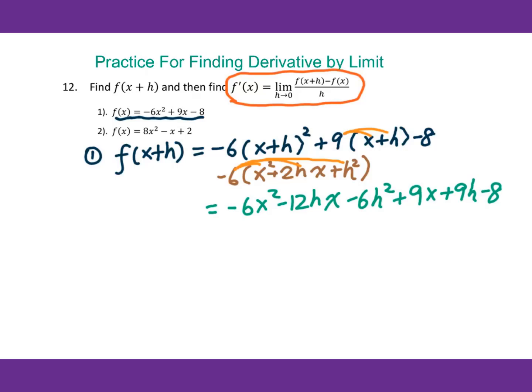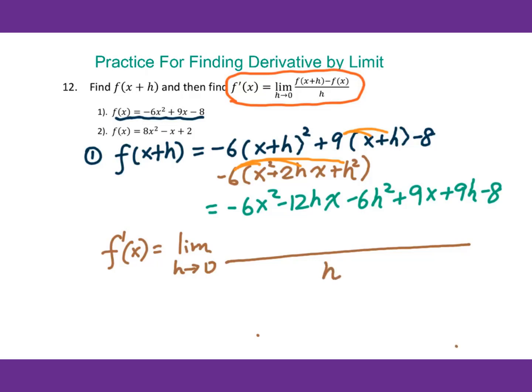Then we go to second step using this formula for derivative. That's limit as h approaches 0 of f of x plus h minus f of x over h, so over h. F of x plus h we already got over here.